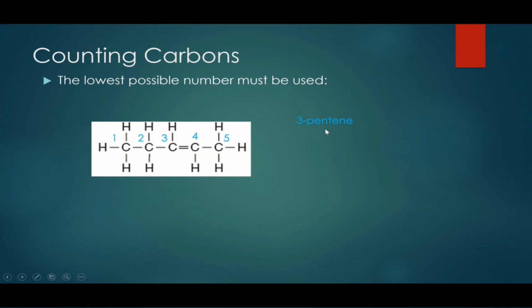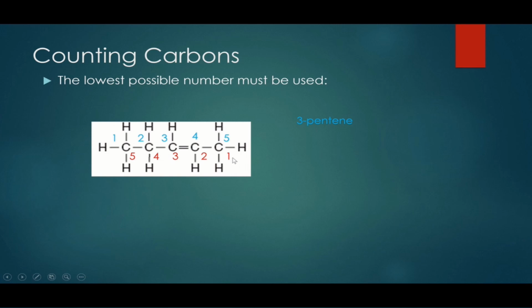Again, the pent telling us that there are 5 total carbons, the ene telling us that there is a double bond, the 3 telling us that that double bond starts on the 3rd carbon. But this is not right. There's no rule that says we have to count from left to right and not right to left.